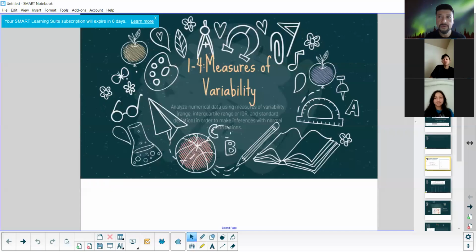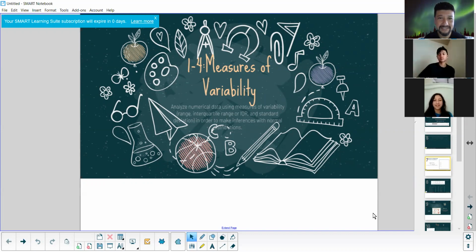Now, today, one thing I love is that we're going to talk about the subject that we touched on a little bit last time. Celeste, go ahead and read what it says here, where it says 1-4, measures of variability. Marcus, go ahead and read the bottom.